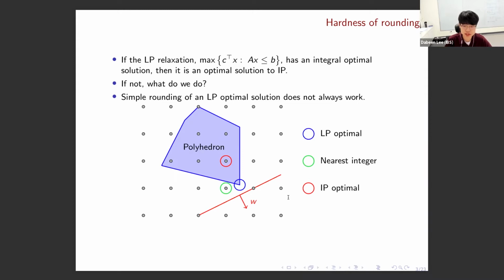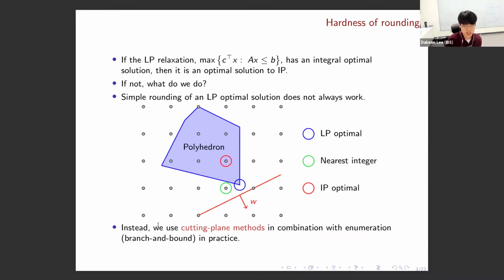Then we get the nearest integer point to this LP optimal solution. But the problem here is that we don't even guarantee the feasibility of this nearest integer solution. In fact, the actual IP optimal solution might be quite hidden inside this polyhedron. So we need to do something different.